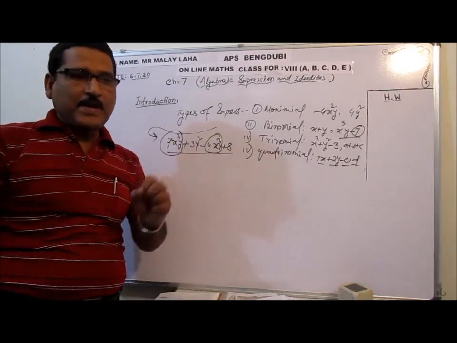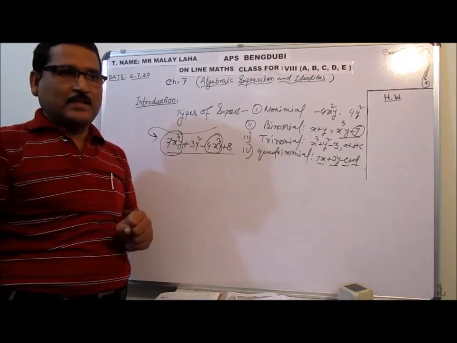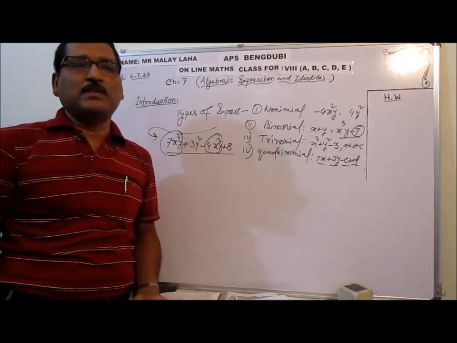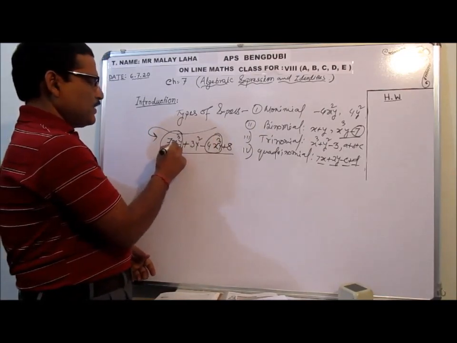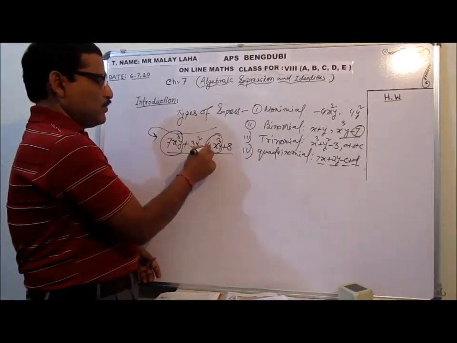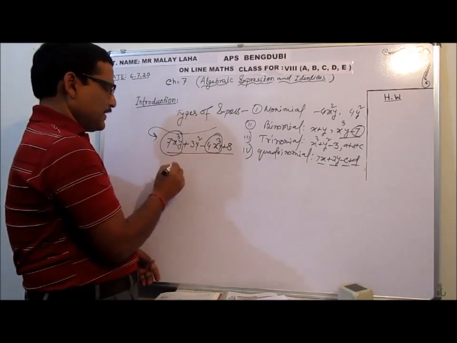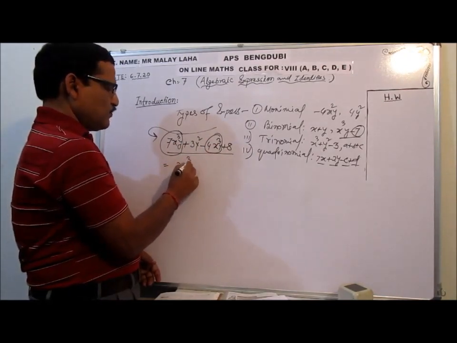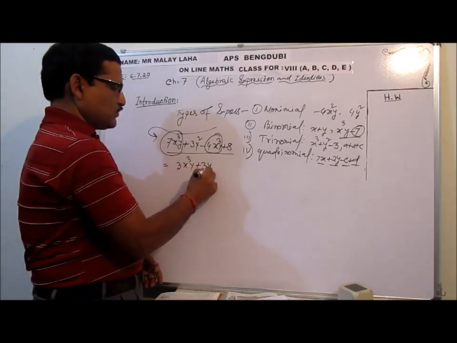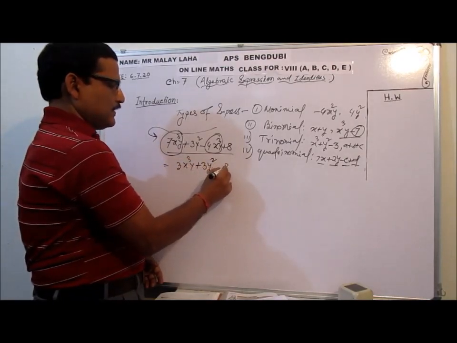We have to combine them, we have to reduce them. After reducing, then we will count individual terms. Otherwise, you cannot say. So 7x cube y positive and 4x cube y negative, plus minus minus. So if I reduce it, it will be 3x cube y plus 3y square plus 8.